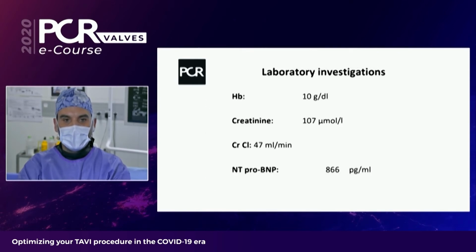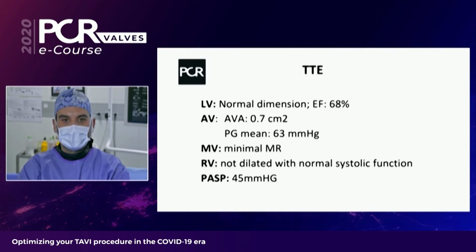Laboratory investigations only show a mild anemia without an obvious cause, mild impairment of kidney function, and of course NT-proBNP that is quite high, related to her severe aortic valve stenosis.